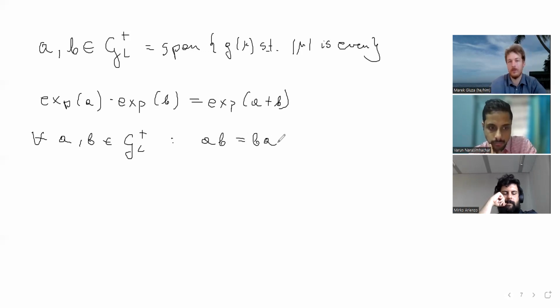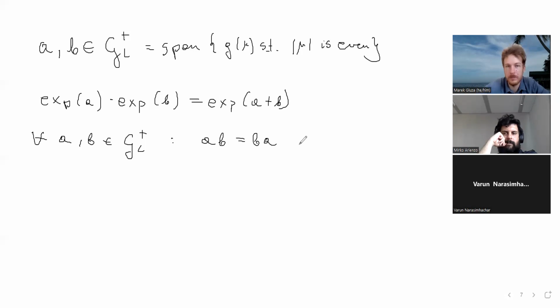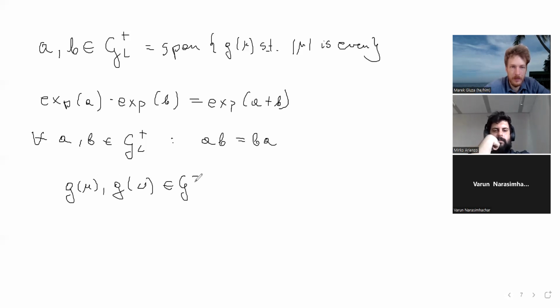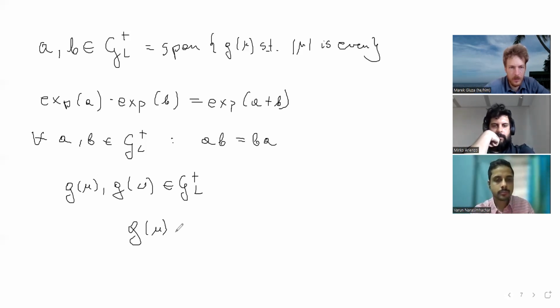So the BCH formula is kind of triggered. And the way to do it is to say, okay, let me take some monomial. I take two monomials in the even restriction of this Grassmann algebra, and now I multiply them together. Okay, I need to do it more explicitly. G_1 mu_1. Can I do it correctly?